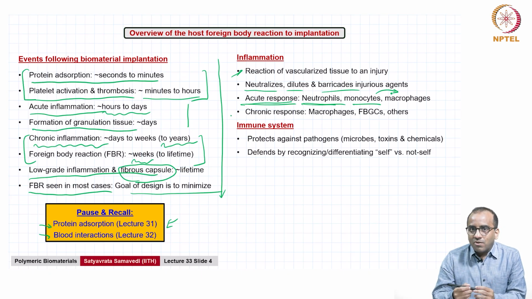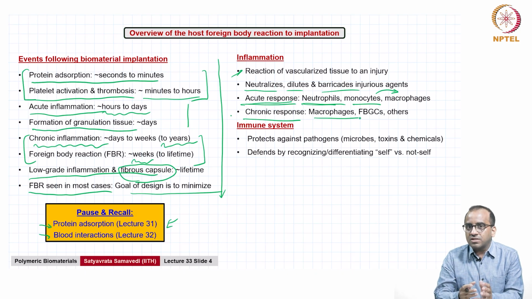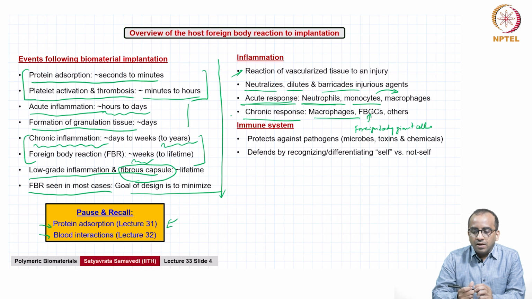Of course, the other form of inflammation, which is not quite desirable, is a chronic response, which is going to again involve macrophages, but some specialized form of macrophages, and this foreign body giant cell and several other cell types.